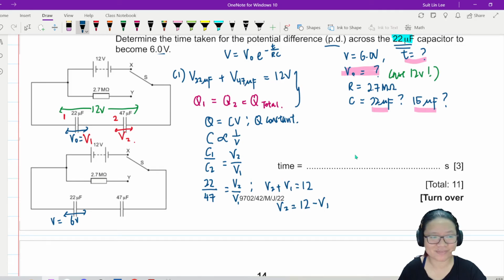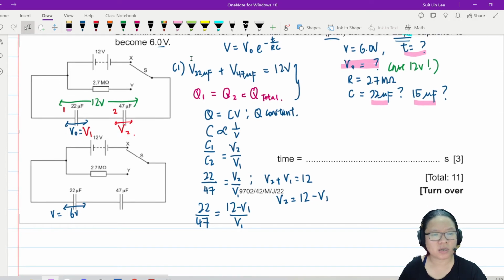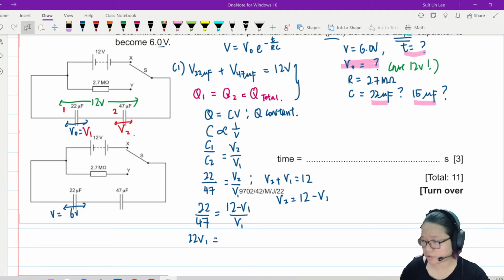Okay, so they are sharing lah. The whole point here is they're sharing the potential difference. Anyway, I will move this over. 12 minus V1 over V1. Okay, probably need a bit more space. So I'll cross multiply. 22 V1 is equal to, need the calculator, 47 times 12.